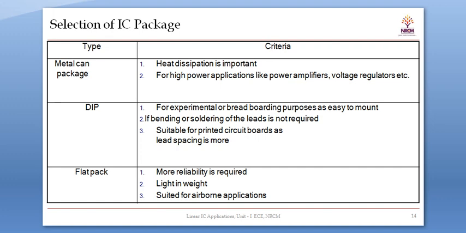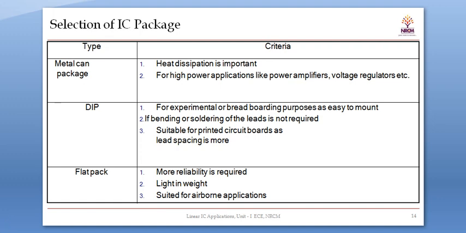So these are the criteria for selection of DIP, that is dual inline package. Therefore, dual inline package is used, and the flat package is used where you require more reliability, and it is light in weight. Also, it is suitable for the airborne applications.